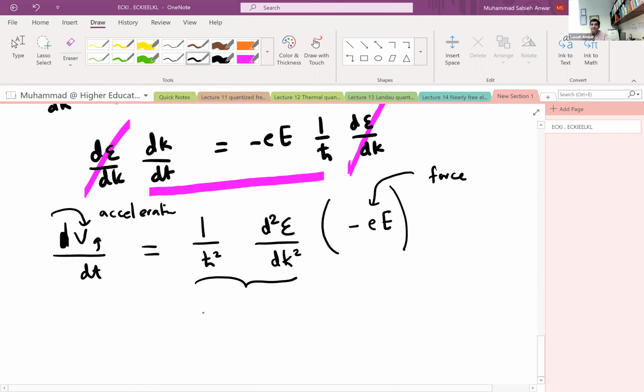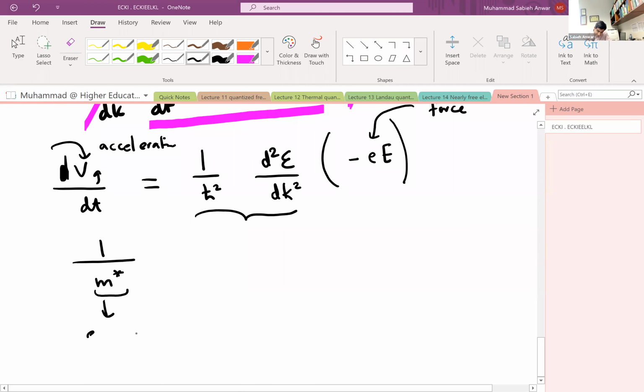This mass is called the effective mass. So I can define an effective mass, 1 over m star, where m star represents an effective mass. And this effective mass equals 1 over h bar square times d square E over dk square. And what is this object here?